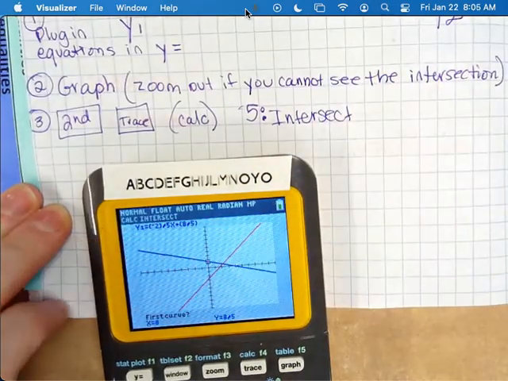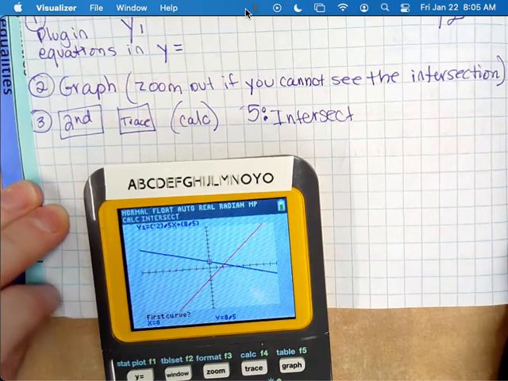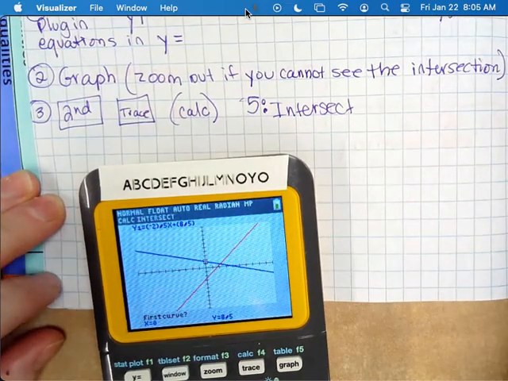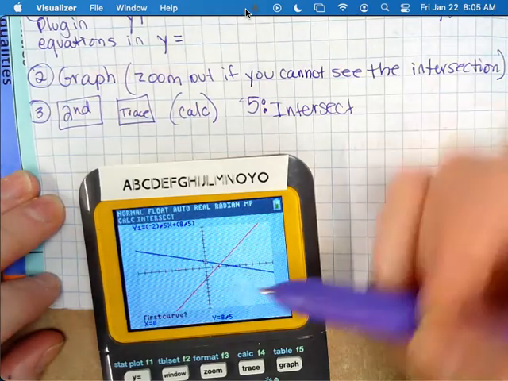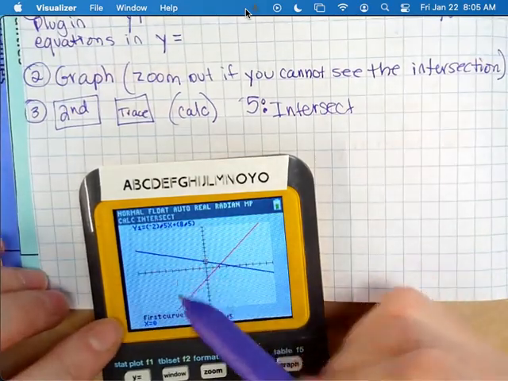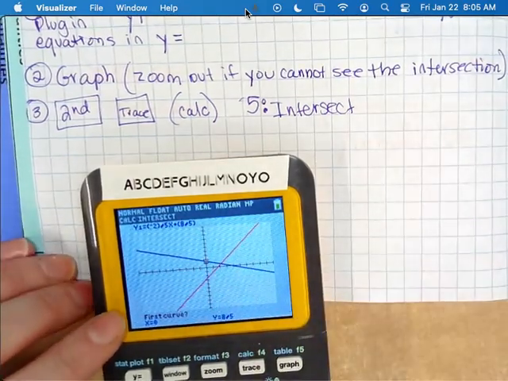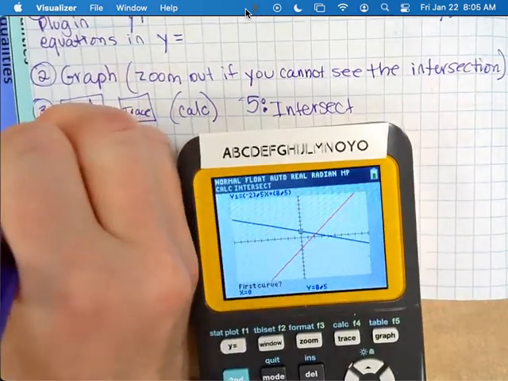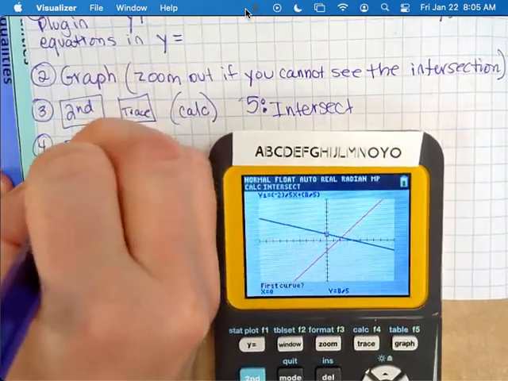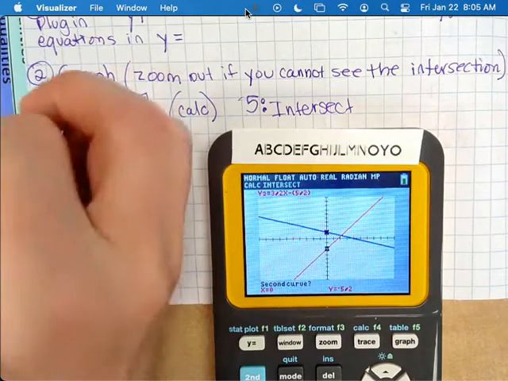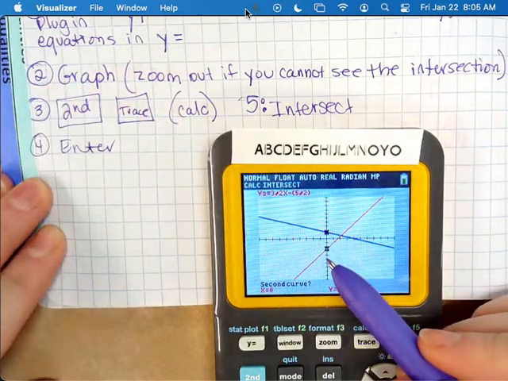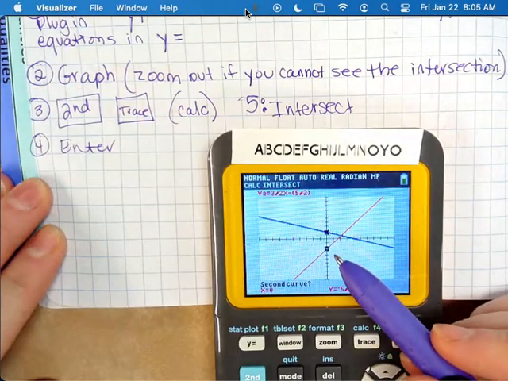Push enter. And it says first curve. As long as you can see the intersection, step 4 is enter. Second curve is the second line. So you should have a point on the first line, point on the second.